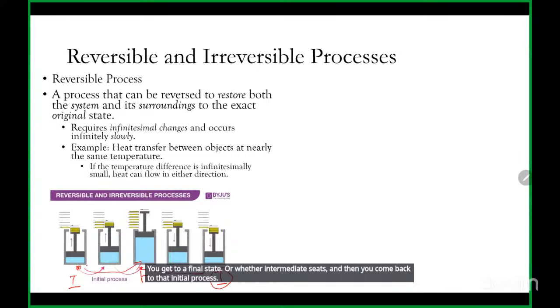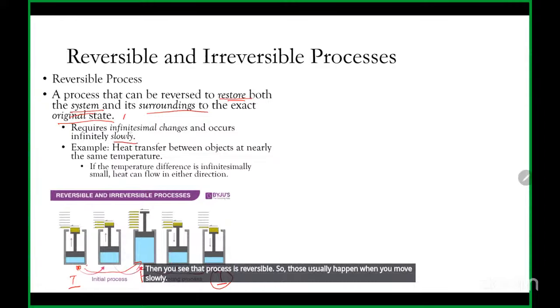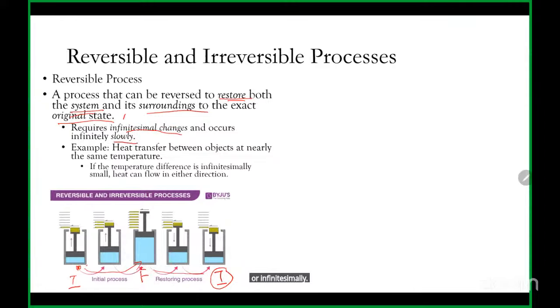A process is said to be reversible if you can restore both the system you're interested in and the surrounding to the exact state. Then you say that process is reversible. Those usually happen when you move slowly or infinitesimally. So you have small changes.